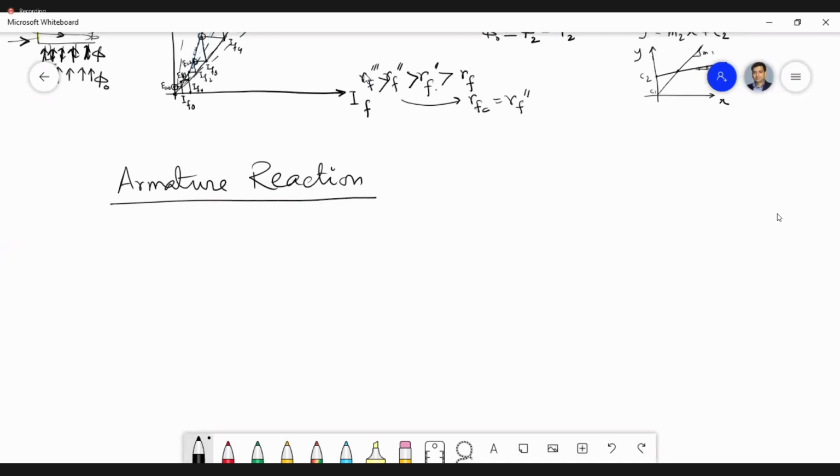There I showed three fingers, and one is very much compulsory for any machine, that is the magnetic field, the index finger. The magnetic field is directed along the index finger, and that is common for both generator and motor. Now, in a machine, who is responsible for generating this magnetic field? Is it the armature or the field?